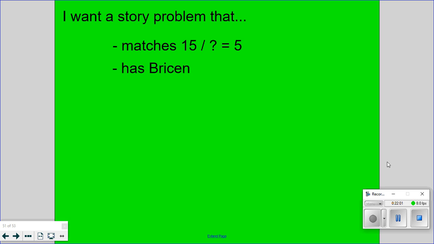Begin. Bryson has 15 pizzas. Each pizza has 5 pepperonis on it. He has 15 pizzas, and each pizza has 5 pepperonis. Is that going to be 15 sharing?